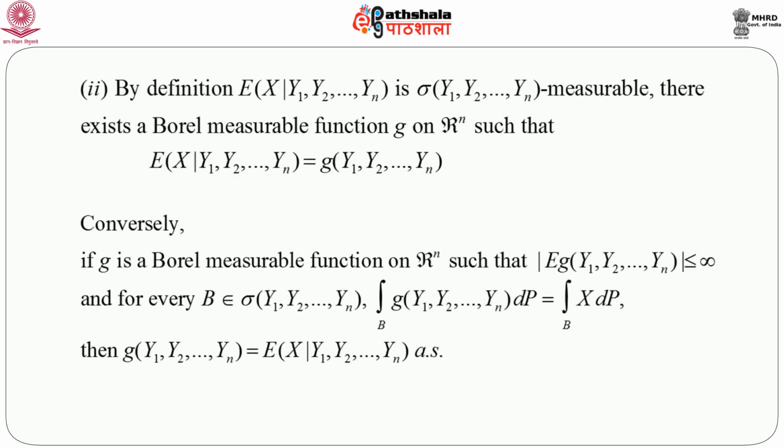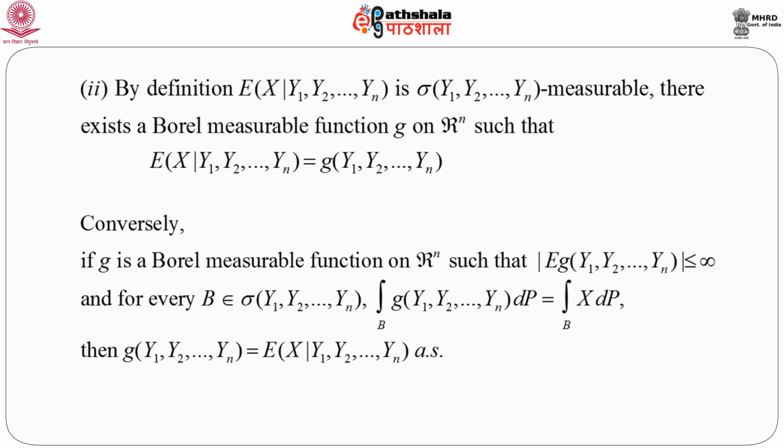Now, if we carefully look at this definition, we see that the expectation of X given capital Y1, Y2, Yn should be a function of Y1, Y2, Yn. Conditioning on Y1, Y2, Yn, naturally this entire quantity should belong to the sigma field generated by Y1, Y2, Yn, or in other words it is sigma Y1, Y2, Yn measurable.